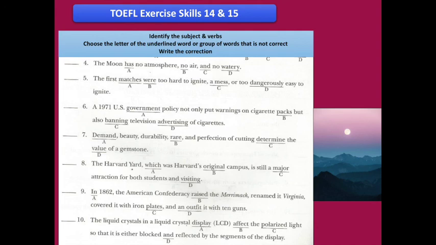And then you're going to circle the letter of the word that is not correct. Because we're in class, you have to write the correction, the correct answer, so that I know you understand. But on the TOEFL test, you do not have to write the correct answer.